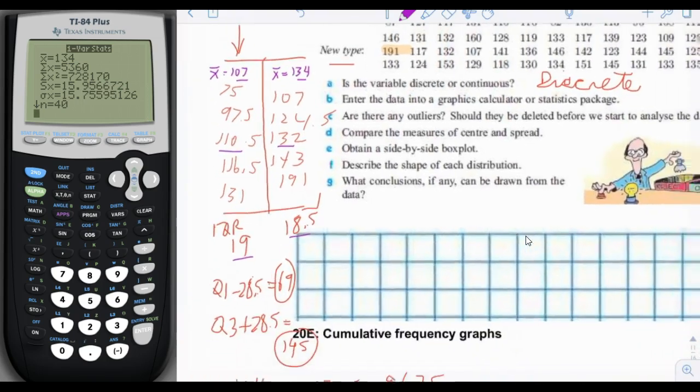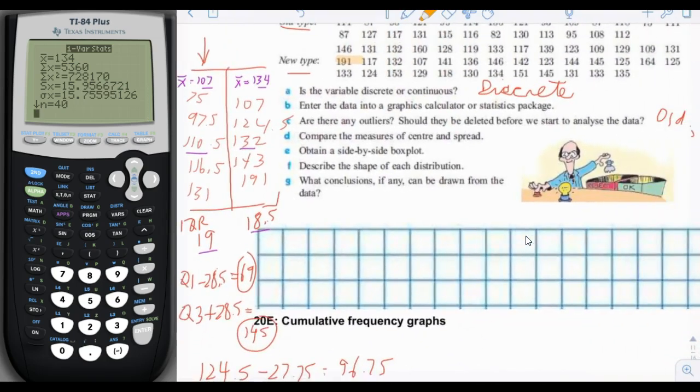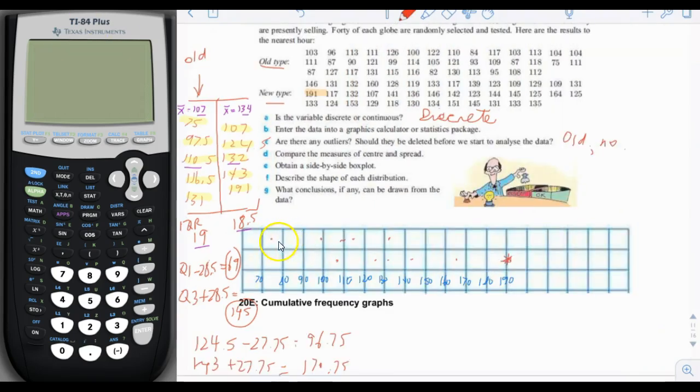So, of course, the numbers we're going to use to generate the box plot are the 5 numbers: minimum, Q1, median, Q3, and maximum for each one. So I'm going to do that, and then I'll come back and show you the results. So I've marked on here a scale from 70, 80, 90, all the way to 190.